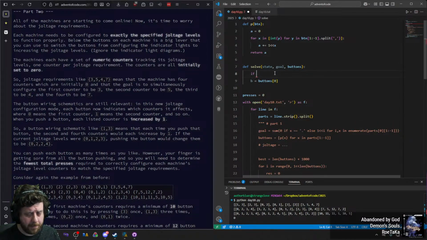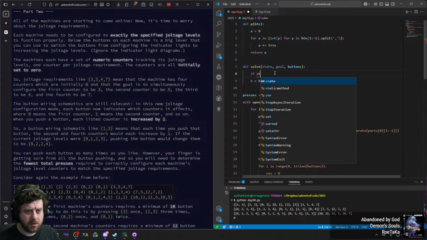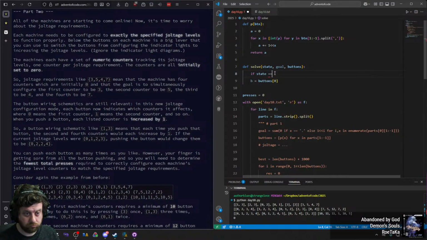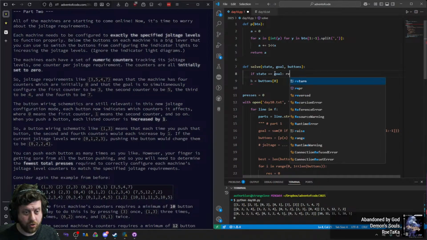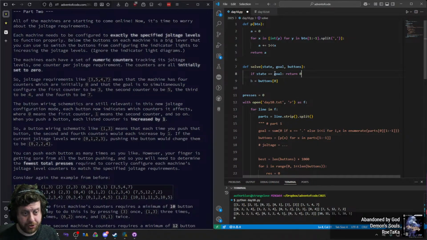If state is equal to goal, yes, return 0. It takes 0 button presses to turn the correct state into the goal.